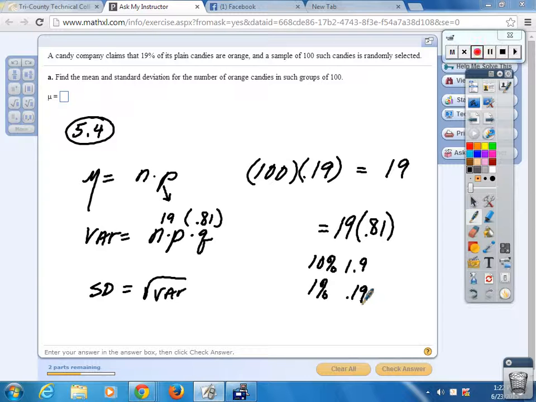How many tens do you have in 81%? 8. So 8 times 1.9 is 15.2. Somebody check me. Is it 15.4? Okay, I'm off a little bit. And then 19 cents. What's $15.40 plus 19 cents? $15.59. Y'all check me.